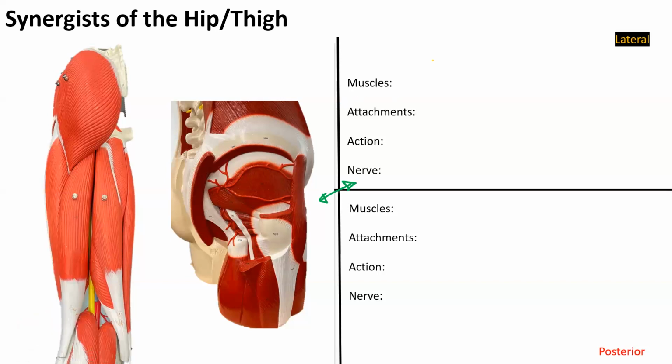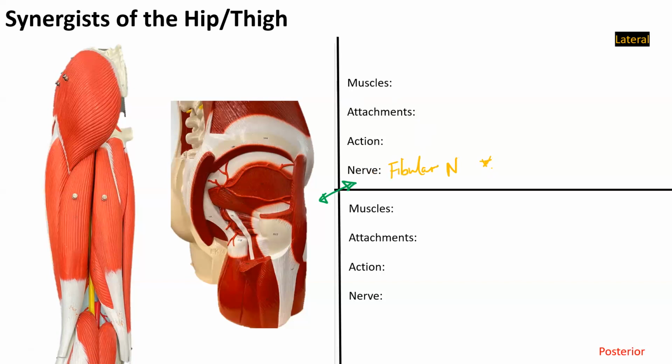The lateral quadrant, its innervation is a little bit more special. So in this video, I'm going to talk about it in the specialized term that it is fibular. So it is the fibular nerve.